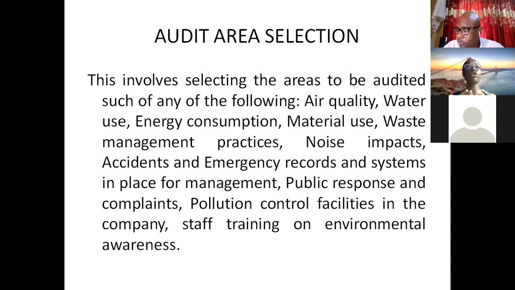For an organization, it's essential that they keep a record of the number of accidents and emergencies that occur on the facility, be it due to operations or just occurring.